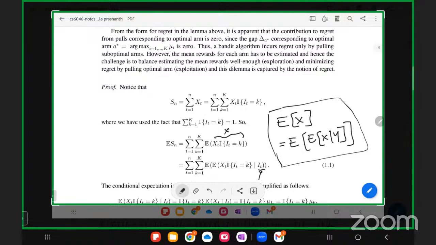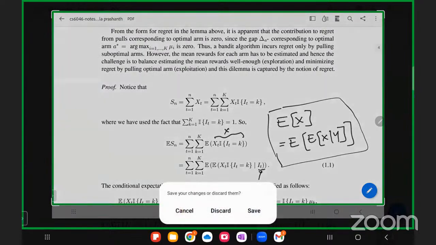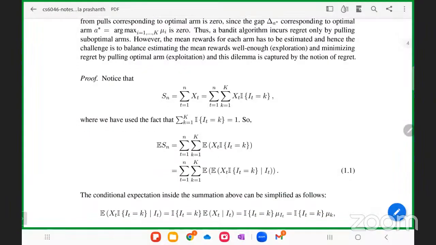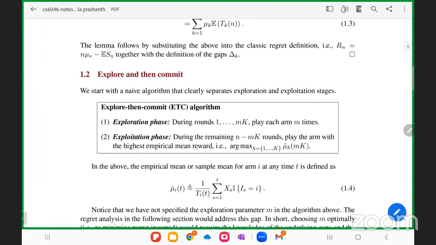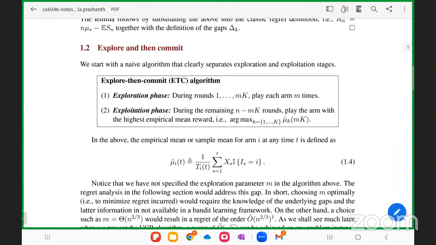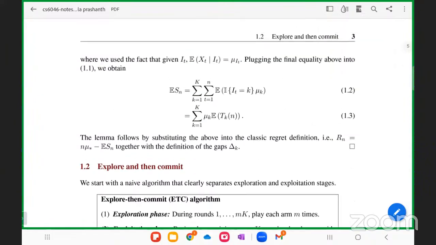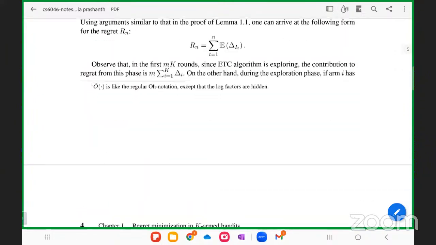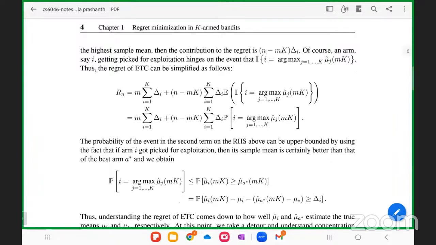And I had another one on page number 4, the beginning part. Okay.